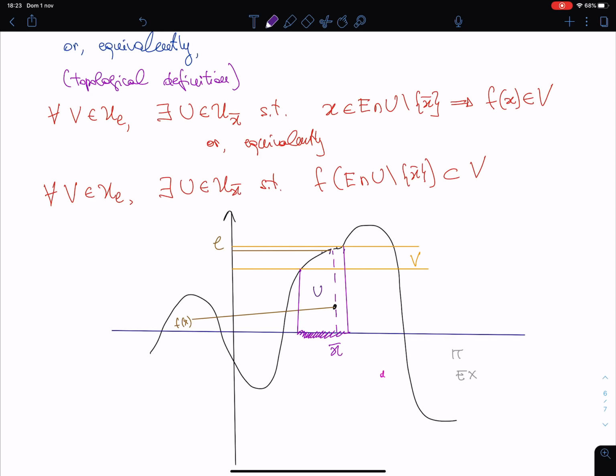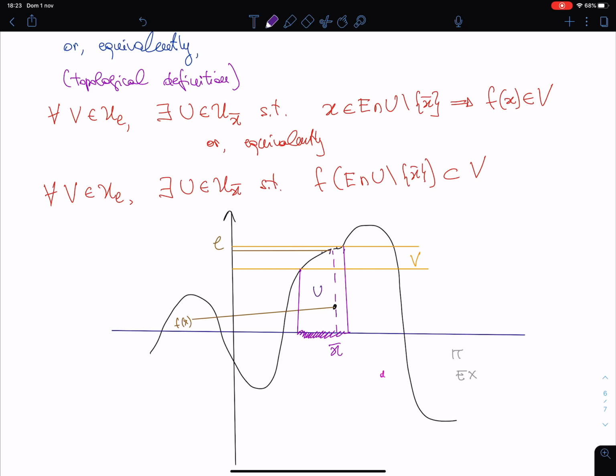Okay, and this definition that I call topological, I will try to explain why later, has another advantage too. By using this definition, we can extend the notion of limit not only to the case of divergence, but also to the case that x goes to plus or minus infinity.